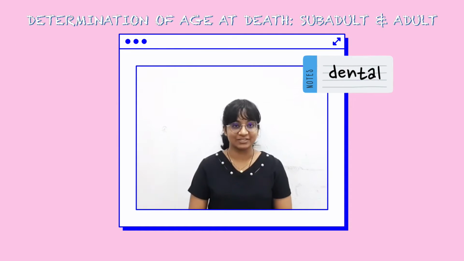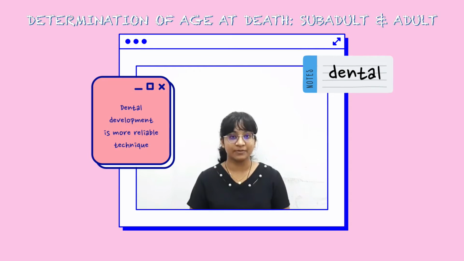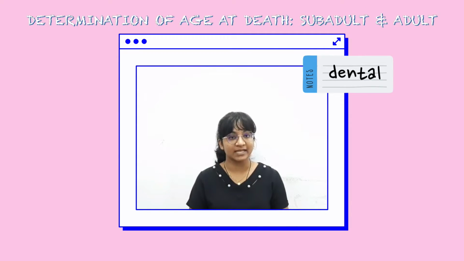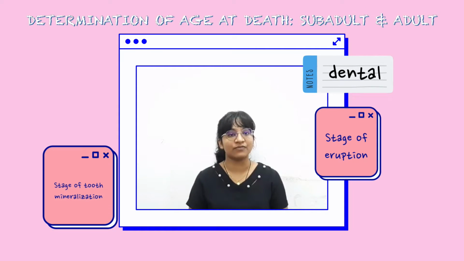Second, the dental age of humans can also be used to determine their age. These methods are extremely useful in the estimation of age and are preferable over other skeletal methods. Dental development is a more reliable technique as an indicator of biological maturity in children that can be used from infancy to late adolescence. Dental age of a child can be determined in two methods, which are stage of eruption and stage of tooth mineralization.